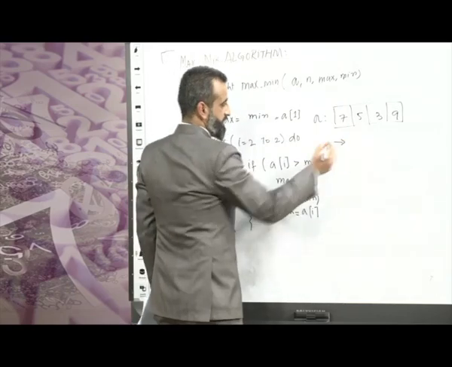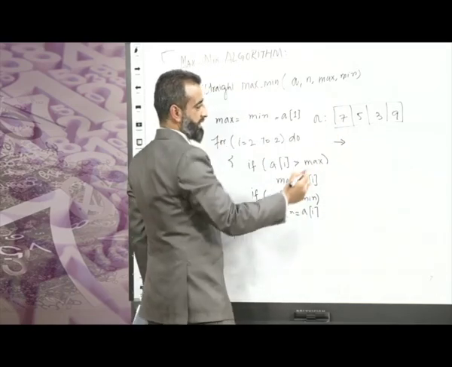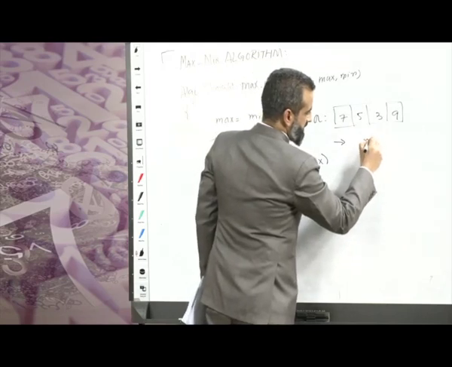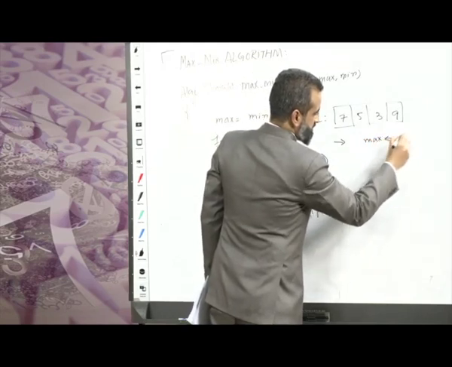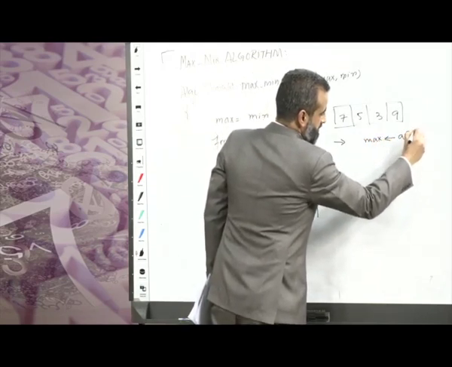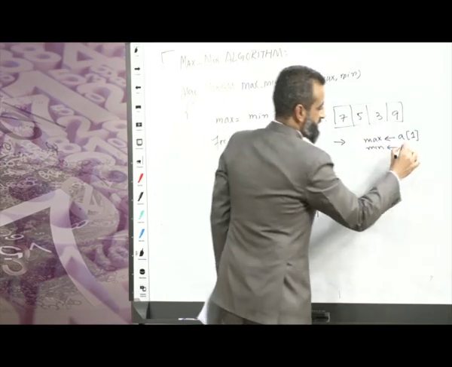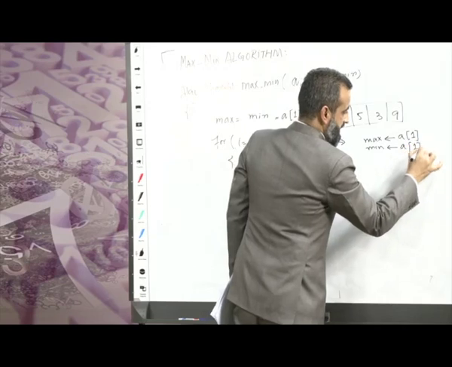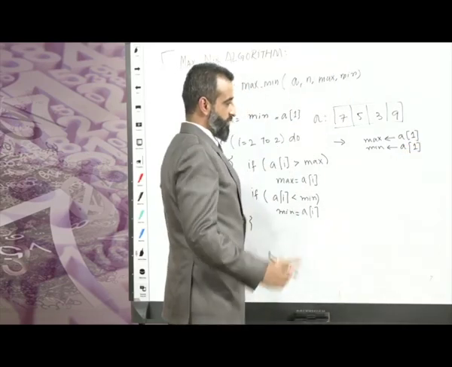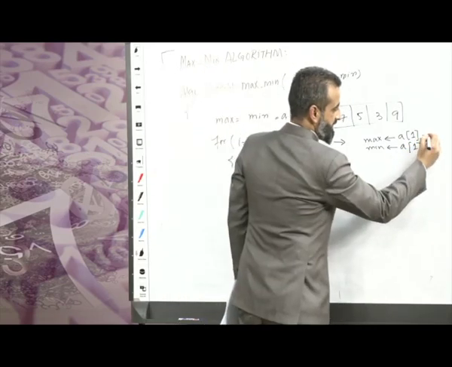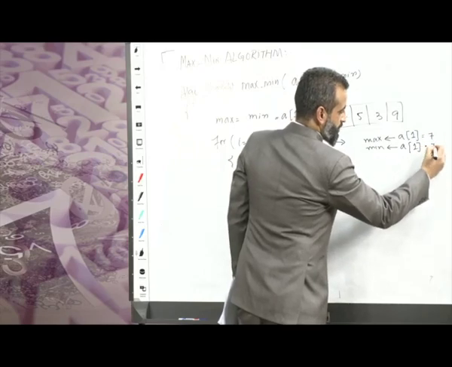In the first step, I take the first element, a of 1, and store it as max, and the same element as min. The value of a of 1 is 7, so minimum is also 7.